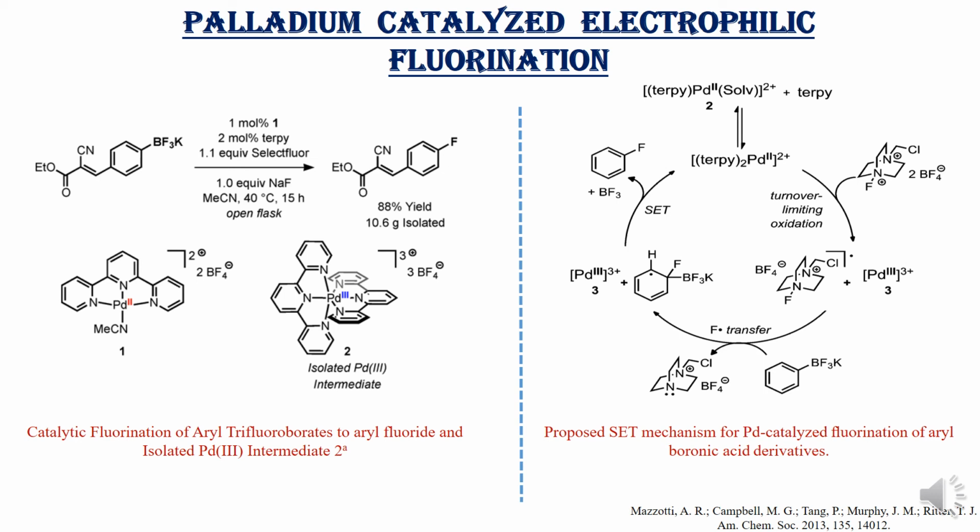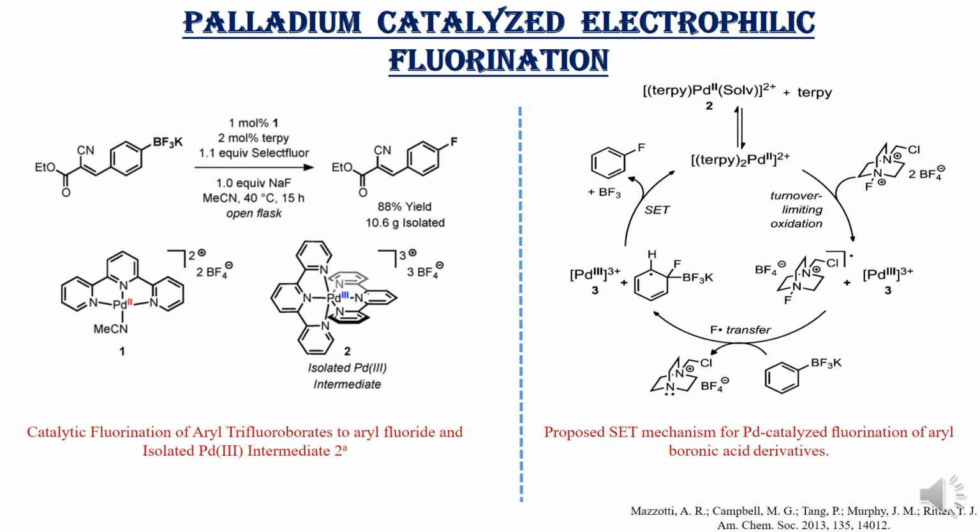Another example of the platinum catalyzed electrophilic fluorination is the catalytic fluorination of aryl trifluoroborates to aryl fluorides with the use of tertiary butyl pyridyl platinum complex 2 as catalyst, and furthermore Selectfluor was also used as the electrophilic fluorine reagent.